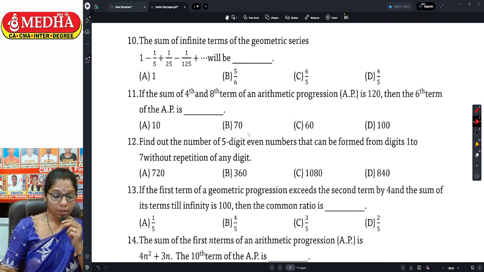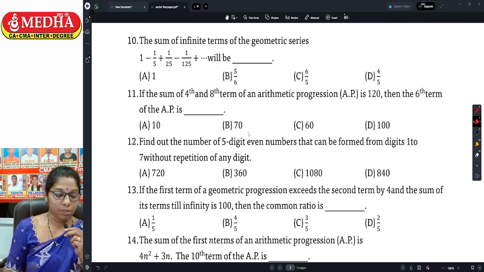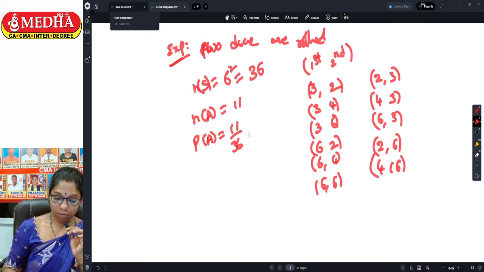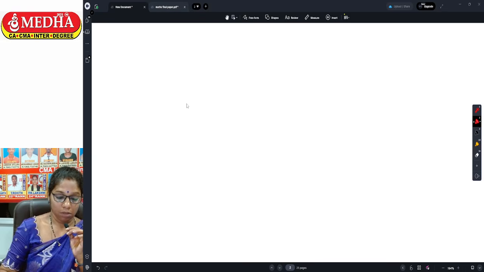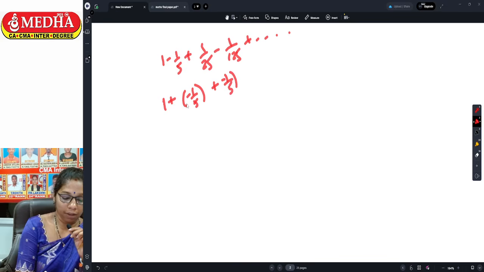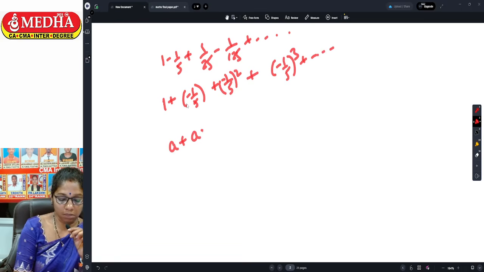Question number 10. The sum of infinite terms of the geometric series: find the sum of 1 minus 1 by 5 plus 1 by 25 minus 1 by 125 and so on. That is 1 plus (minus 1 by 5) plus (minus 1 by 5) whole square plus (minus 1 by 5) whole cube and so on. This is in the form a plus ar plus ar square and so on.